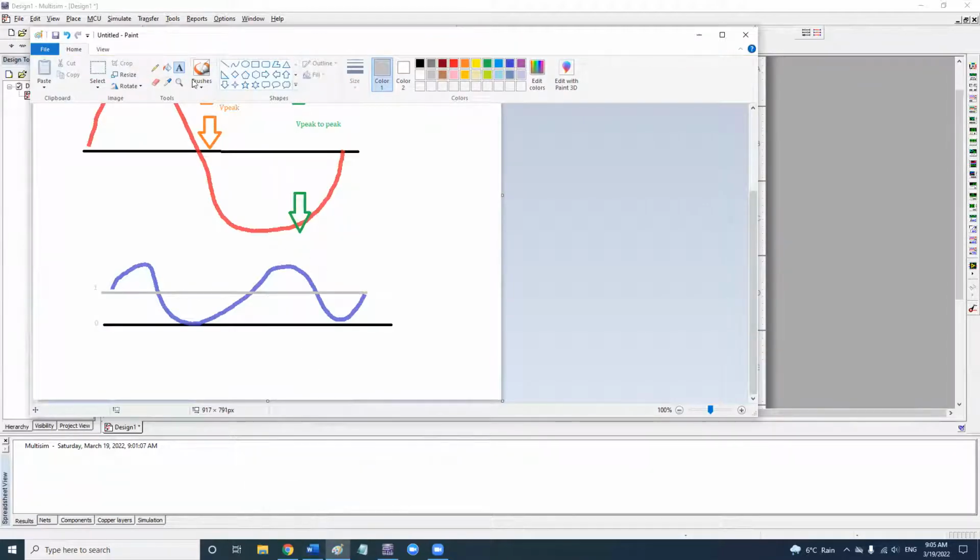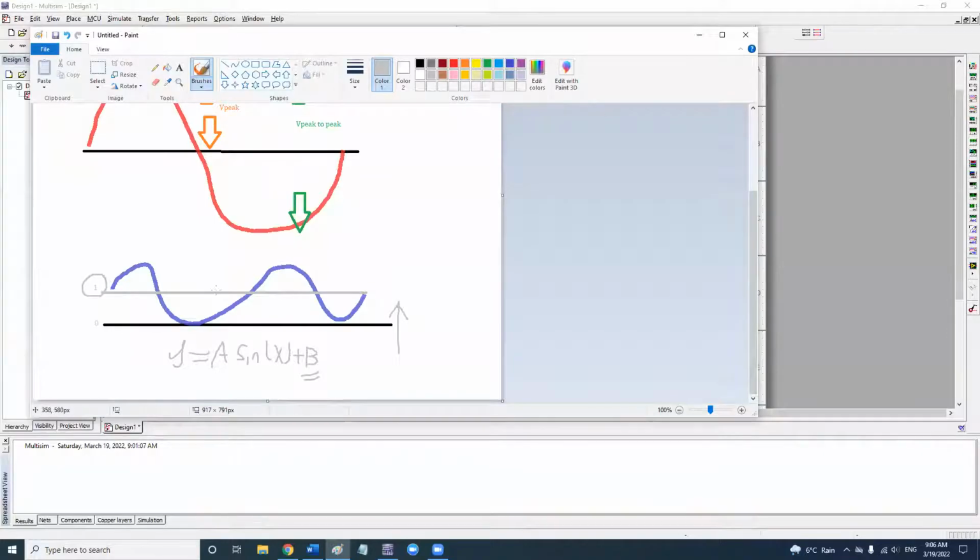Remember that you learned from high school that y equals a sine x plus b. Whatever you have for that b, you shift everything up, right? So this is that thing.